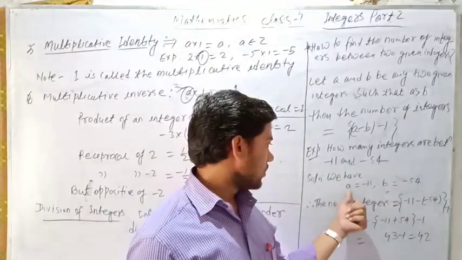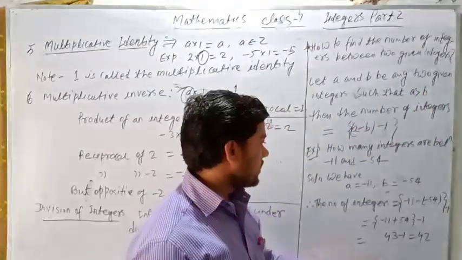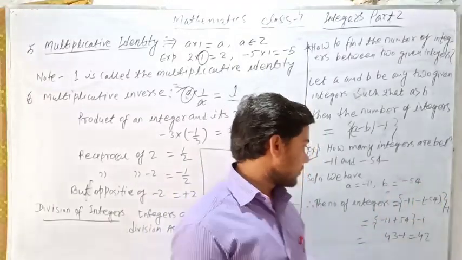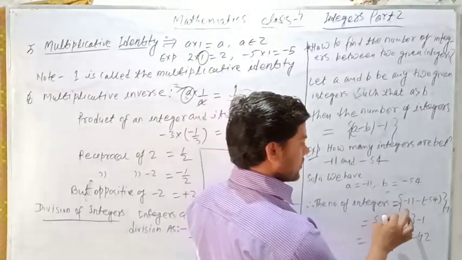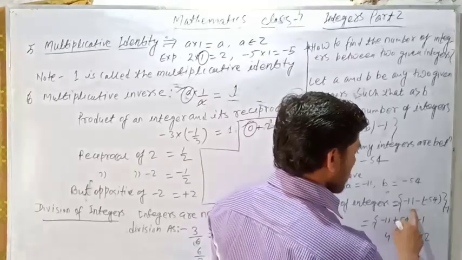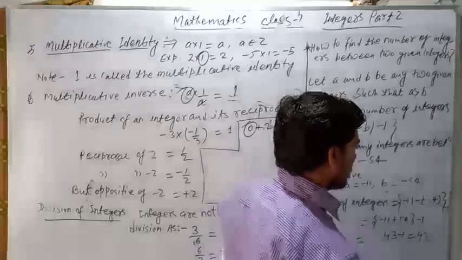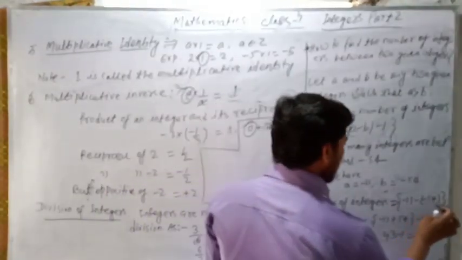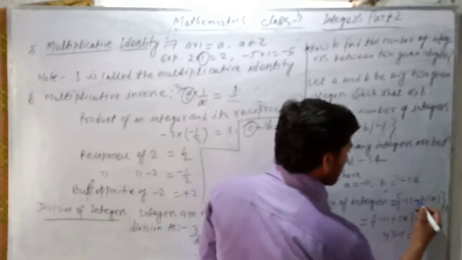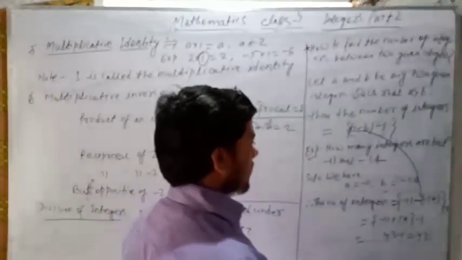So A is equal to minus 11 because A is greater than B, and B is equal to minus 54. Therefore, the number of integers is equal to minus 11 minus of minus 54, minus 1. B is negative already, that's why minus 54, and this minus comes from the formula.